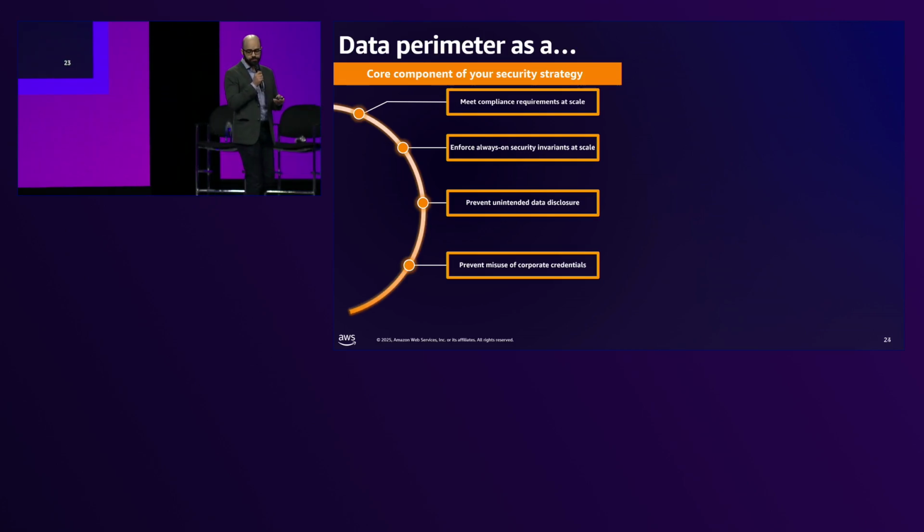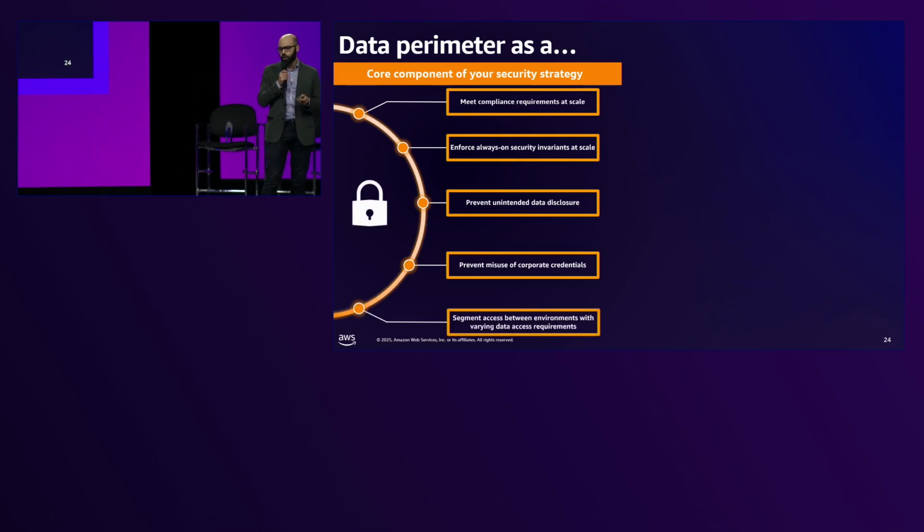And finally, one other example that customers share with us is that data perimeter controls can help you segment access between environments with varying data access requirements. So for example, you can use data perimeter controls to segment between production and non-production environments.